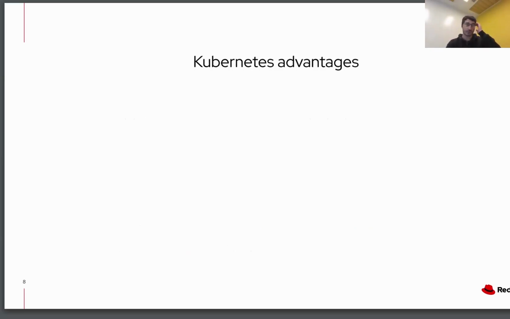But OpenShift is not only about containers. It's also about something more, which is Kubernetes. Kubernetes is a layer on top of a container. And if we're talking about Kubernetes, there are some big advantages. First of all, it provides you service discovery and load balancing because the container itself is just containing your application.